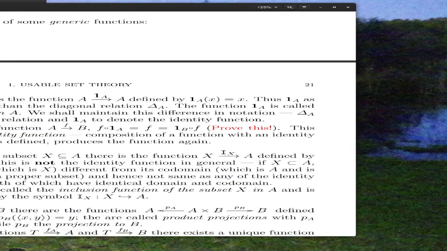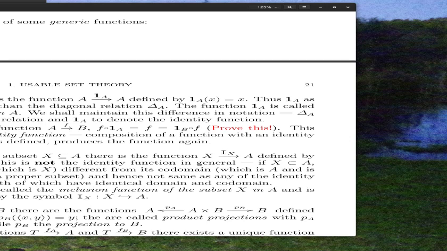Yes, number one, identity function. There should not be any question about it, right? That's quite clear. You have a very clear formula for that function even: 1_A(x) is equal to x, right? Yes. Okay.